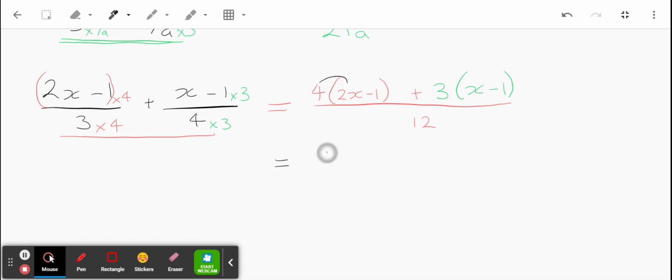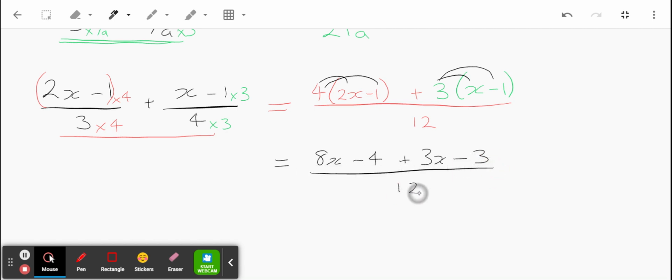4 times 2x is 8x. 4 times minus 1 is minus 4. Then plus 3 times x is 3x. And plus 3 times minus 1 is minus 3. And that's all over 12.